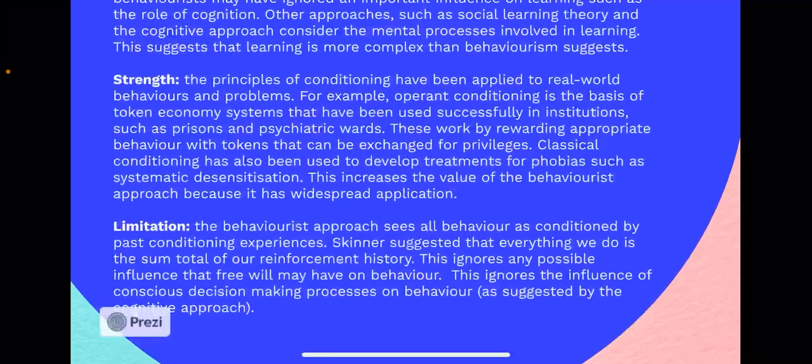This increases the value of the behaviourist approach because it has widespread application. So that's the strength. It applies to real world behaviours. Examples: operant conditioning, token economy; classical conditioning, systematic desensitisation. So we can apply it. It's really good.